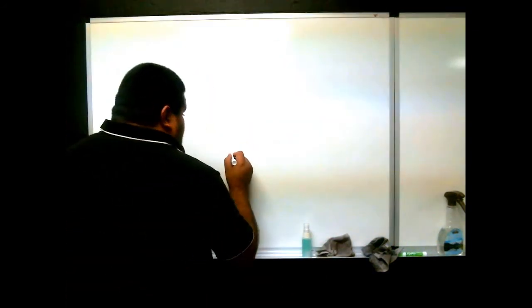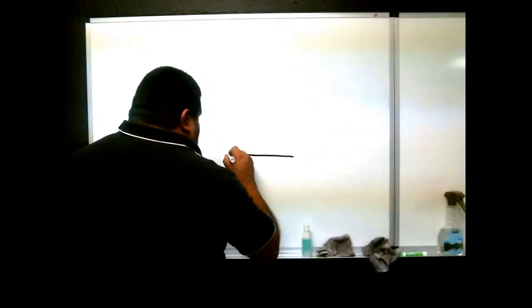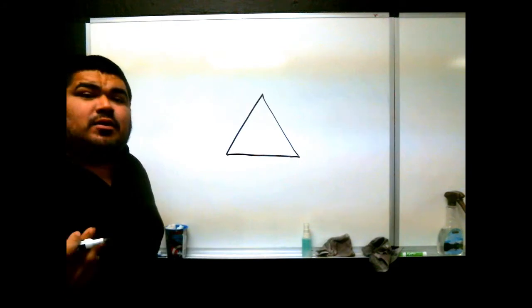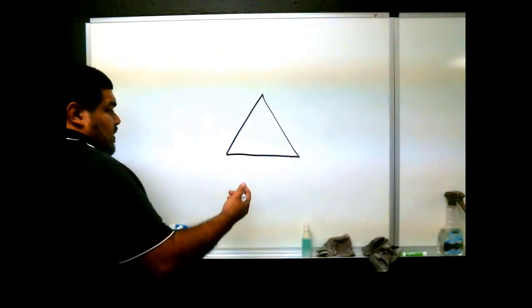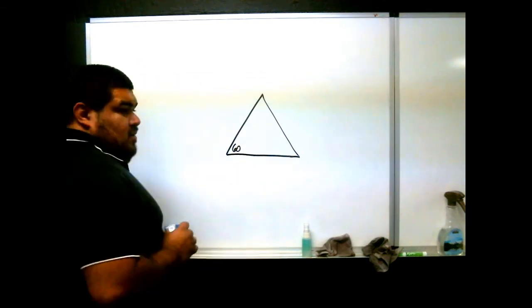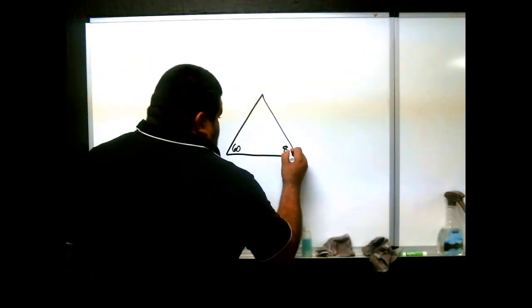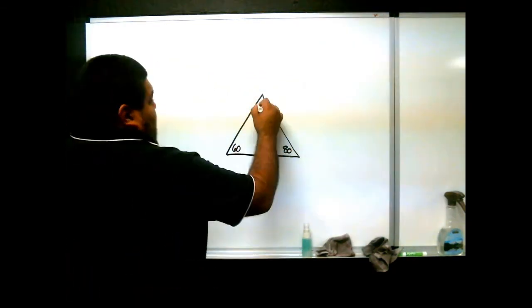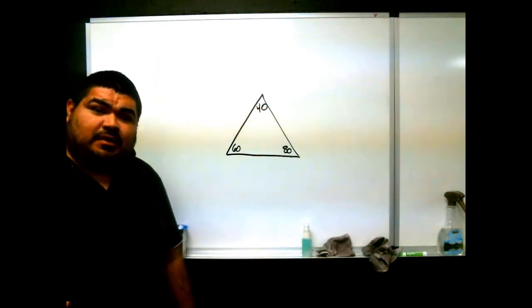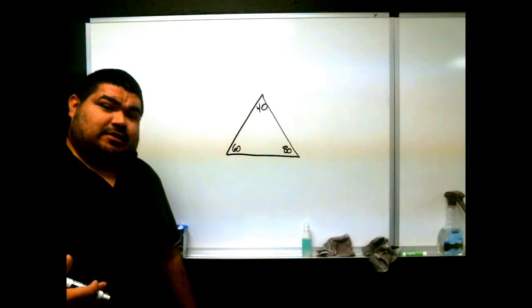Again, the next one is acute. An acute triangle usually has all small angles that are less than 90, okay? We might have a 60 here, we might have an 80 here, we might have a 40 here, okay? If you add it all up, it equals 180 degrees.